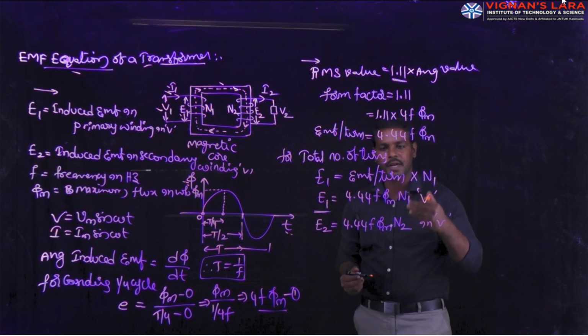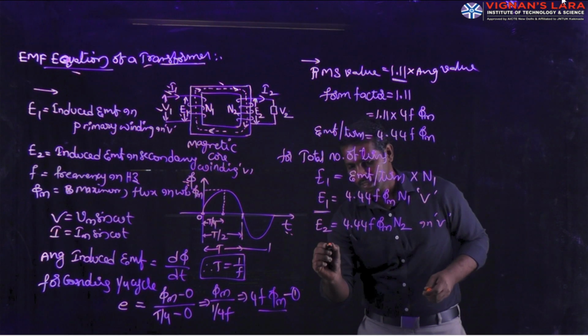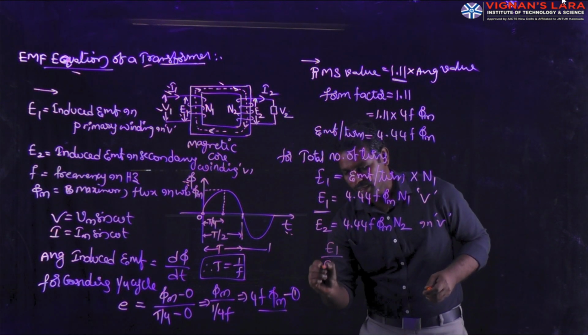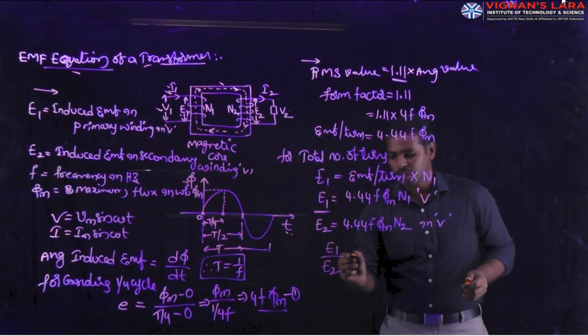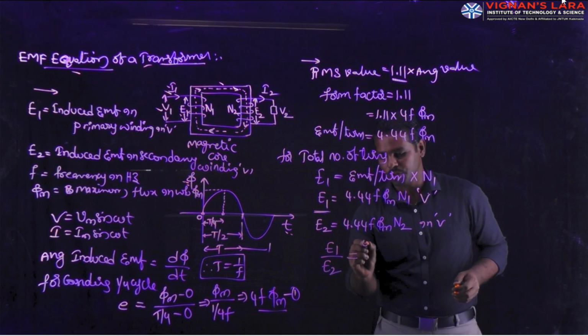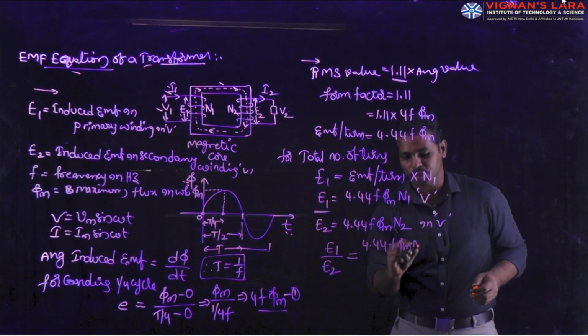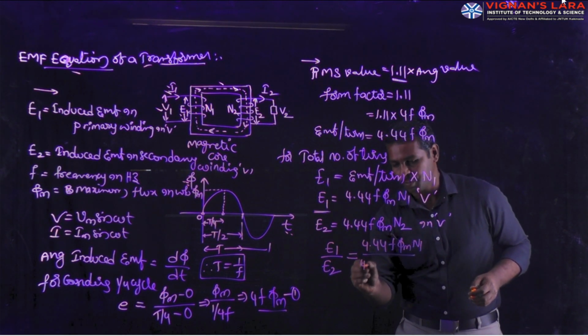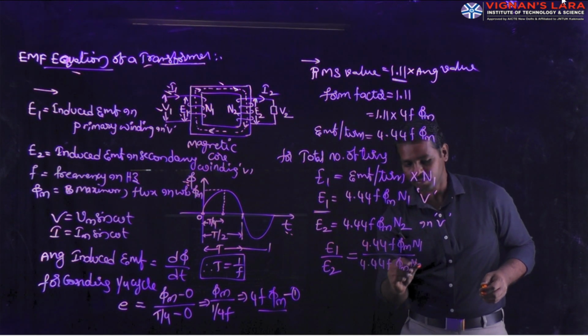If we have to find the ratio of these two voltages, E1 divided by E2 is equal to 4.44 into F into phi m into N1 divided by 4.44 into F into phi m into N2.